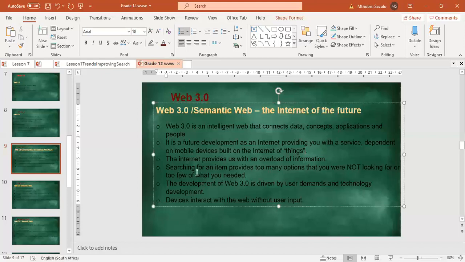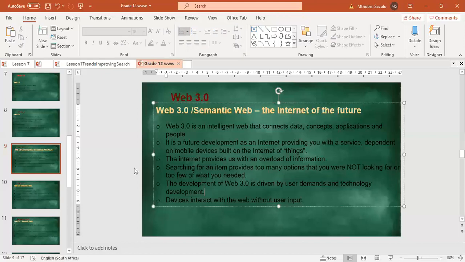Searching for an item provides too many options that you were not looking for, too few of what you need. So now we've got the overload of information, even things that we don't need. But it is good because sometimes you are searching for something and end up getting some information that you needed, but you were not really looking for it.